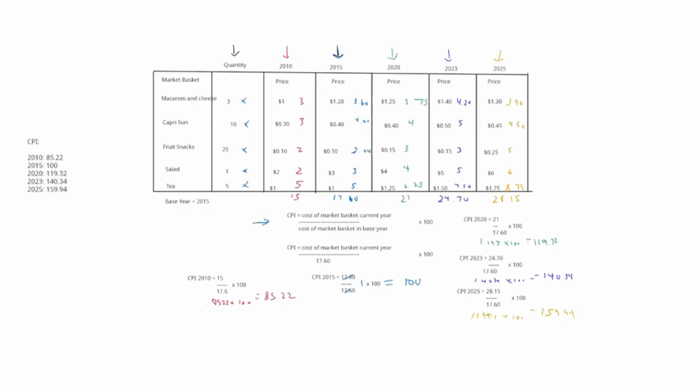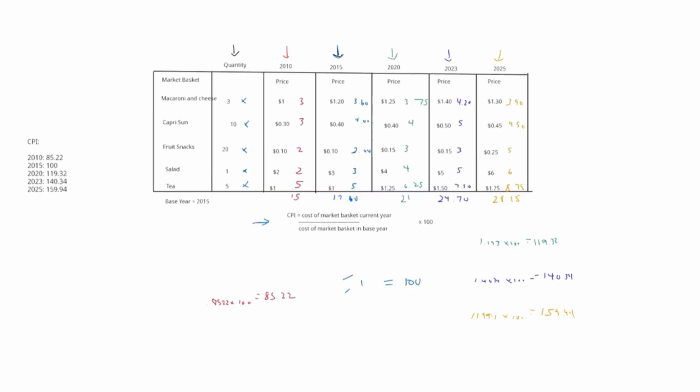So now what we want is to calculate the inflation rate between all of these years. So what we can do now is fill in and calculate the inflation rate.